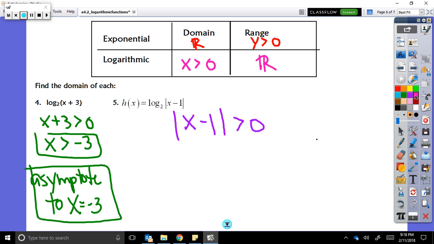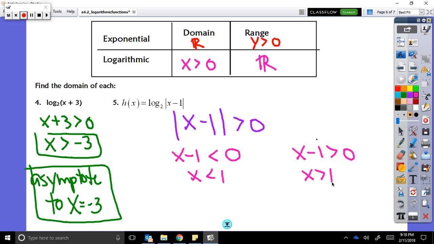I hope you remember that when we're dealing with absolute value and inequalities we have to rewrite it. So x minus 1 has to be less than, usually when we flip the sign we make this negative, but there's no such thing as negative 0. So x minus 1 has to be less than 0, but x minus 1 also has to be bigger than 0. So let's think about that. X is less than 1, but x is also bigger than 1.